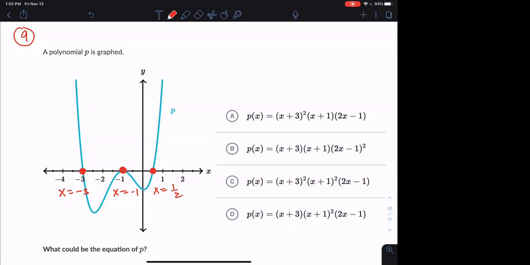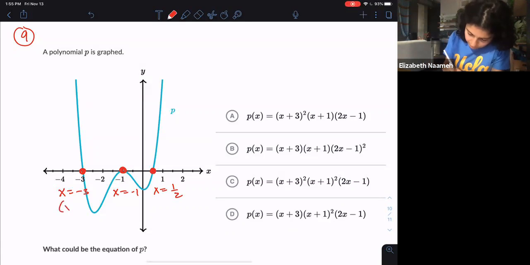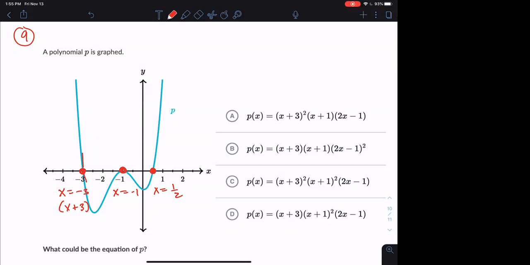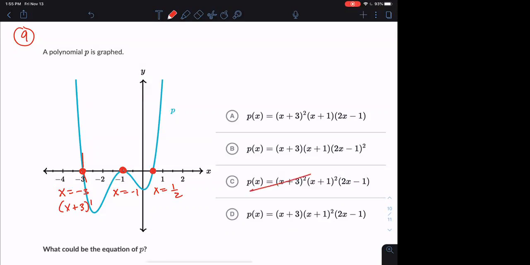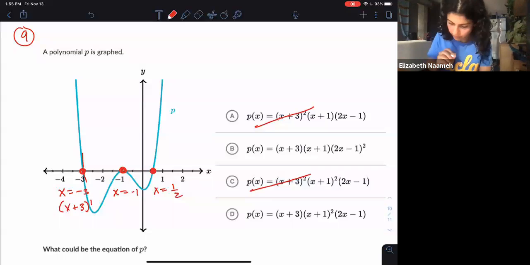Determine what power they're given. The powers. So the x plus 3 factor should have a what power? A 1. A 1 or a 3 or a 5, but it has to be odd, right? X plus 3. So what should we get rid of? C and A. They give me even powers.